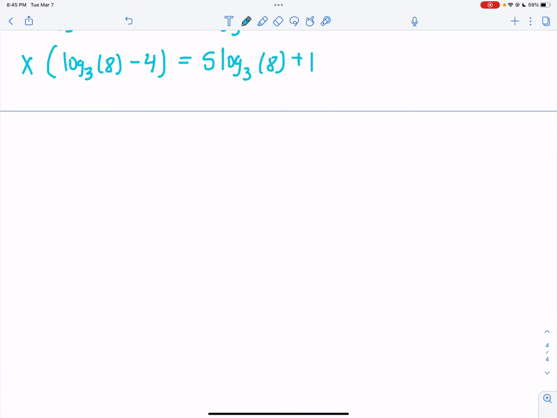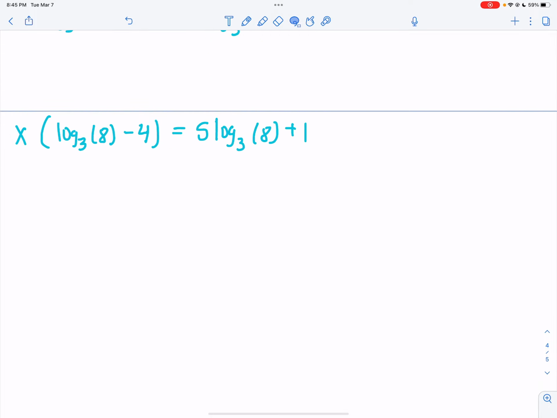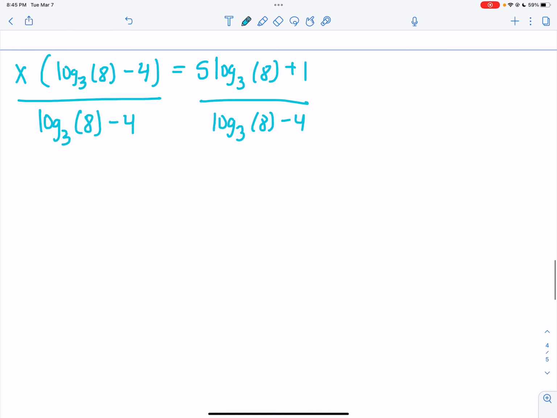Your x is free because now we're just going to divide by log base 3 of 8 minus 4 on both sides to isolate x. So your final answer for number 6 is 5 log base 3 of 8 plus 1 over log base 3 of 8 minus 4.